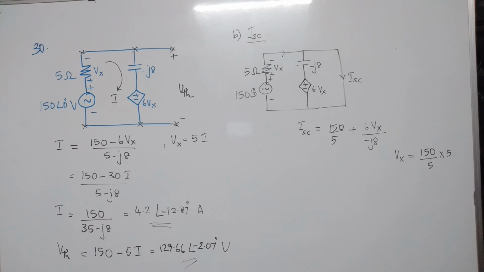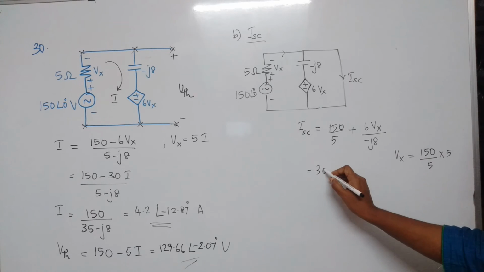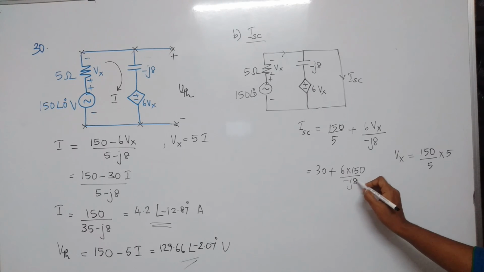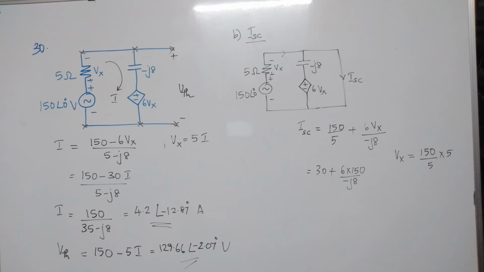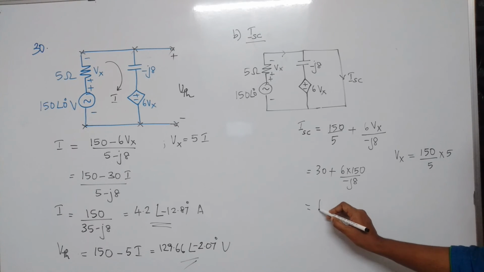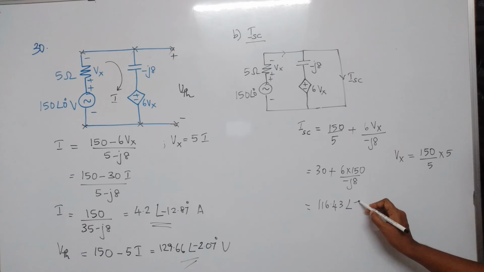So Vx is also 150. So this is equal to 30 plus 6 into 150 divided by minus J8. On simplification, this will be equal to 116.43 angle 75 degree ampere.